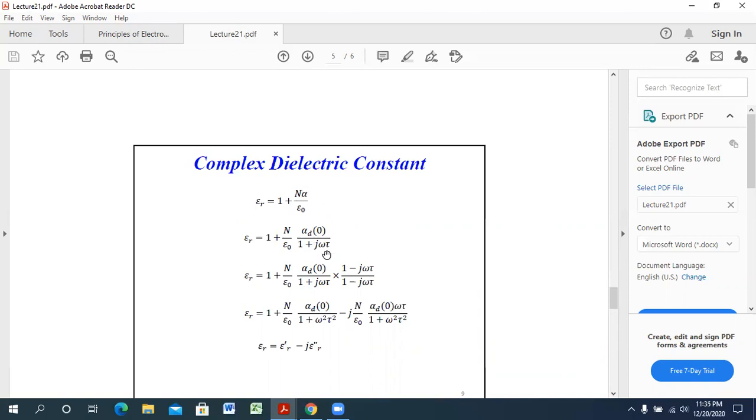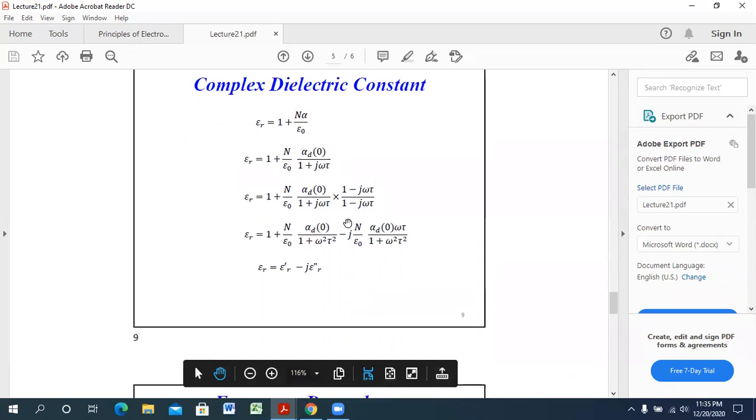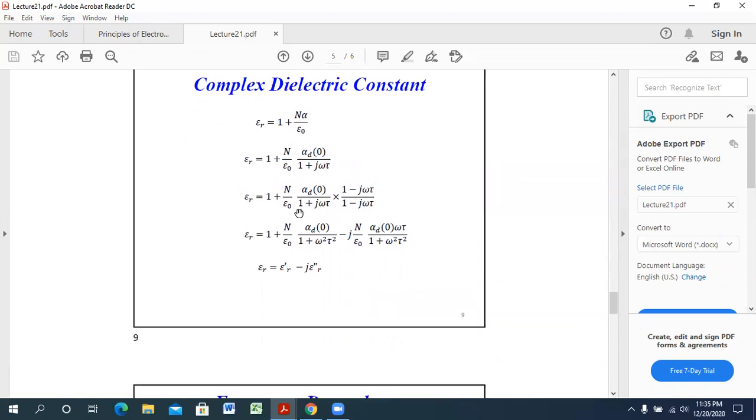Now, because this is a complex part, we can multiply by the complex conjugate in both the numerator and the denominator. So in the denominator, we will have 1 plus j omega tau, that means 1 squared plus omega squared tau squared. But in the numerator, there will be this complex part.